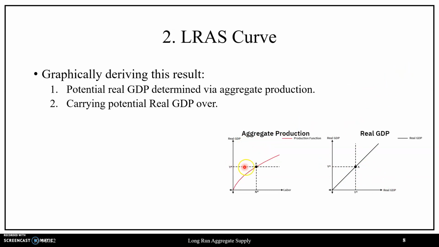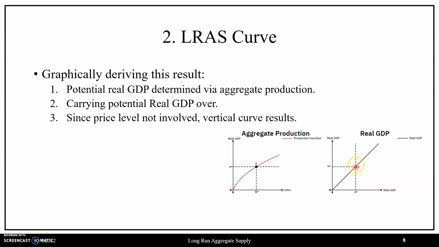So with this in mind, once again moving horizontally from our aggregate production function at the real GDP level of capital Y star for potential real GDP, we intersect our 45-degree line at point A, still corresponding to Y star. If we were to move downward to our horizontal axis, we would still be at the potential real GDP level Y star.